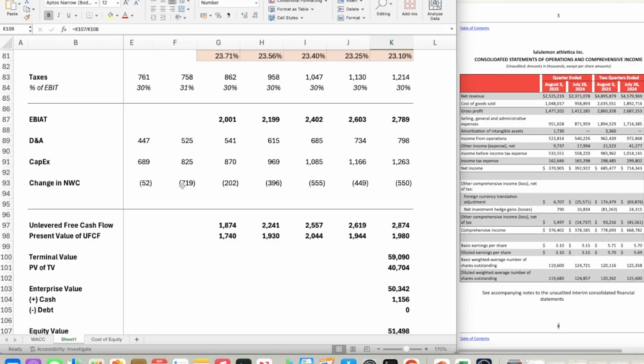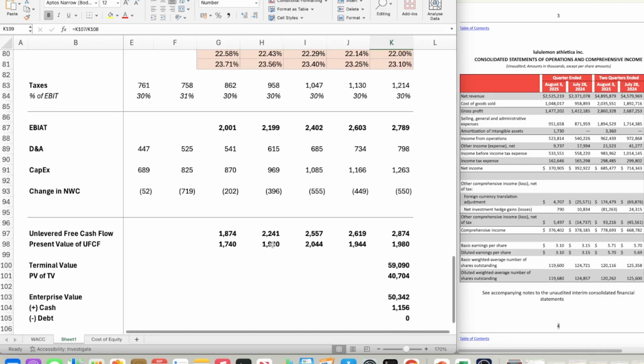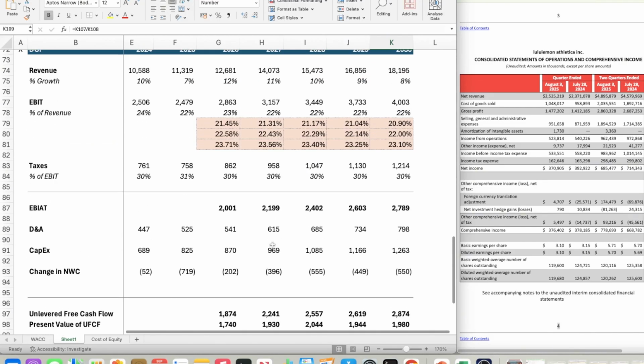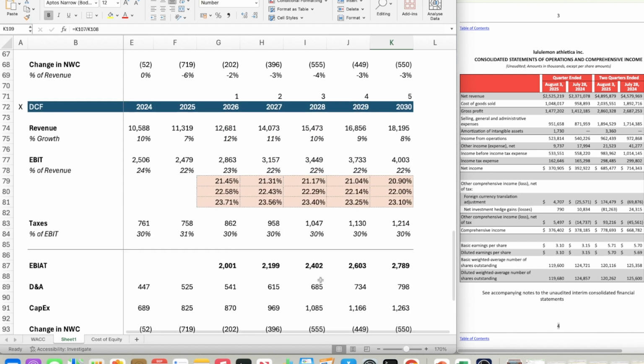We'll have to come back once we get the full 10-K, which I think actually comes out in February, March, and we can see what this number is. Obviously it's having such a positive impact, because when you subtract a negative, it adds it back in. So it does add to the free cash flow. Does it do it substantially? I guess so.